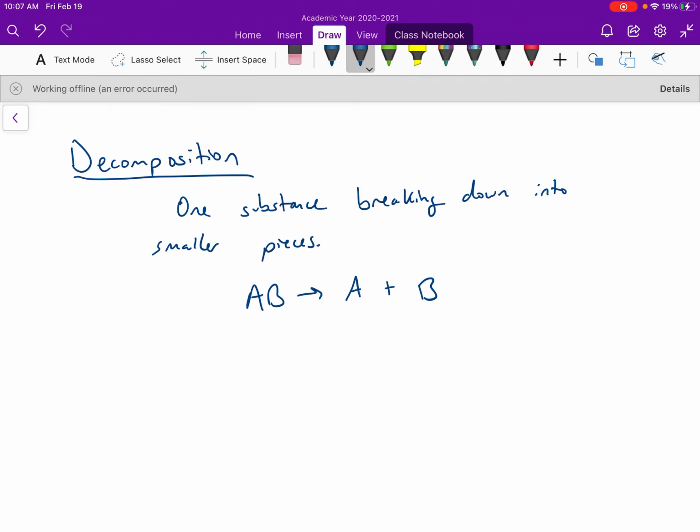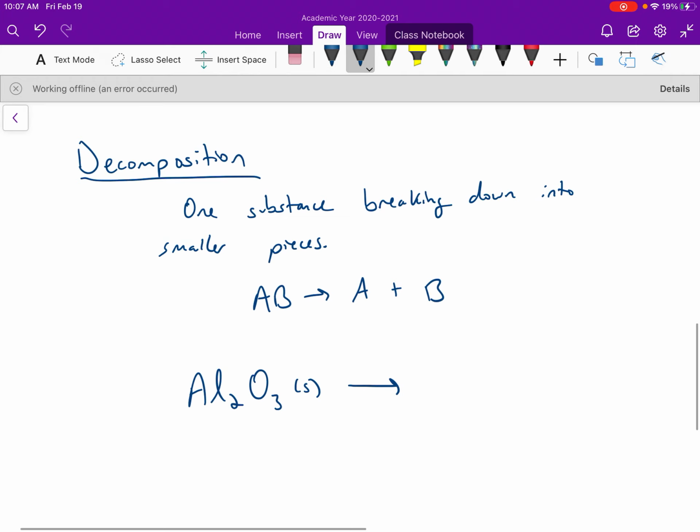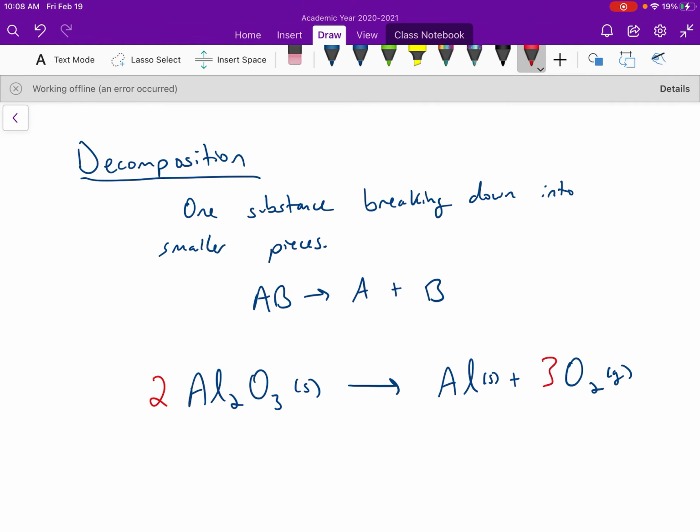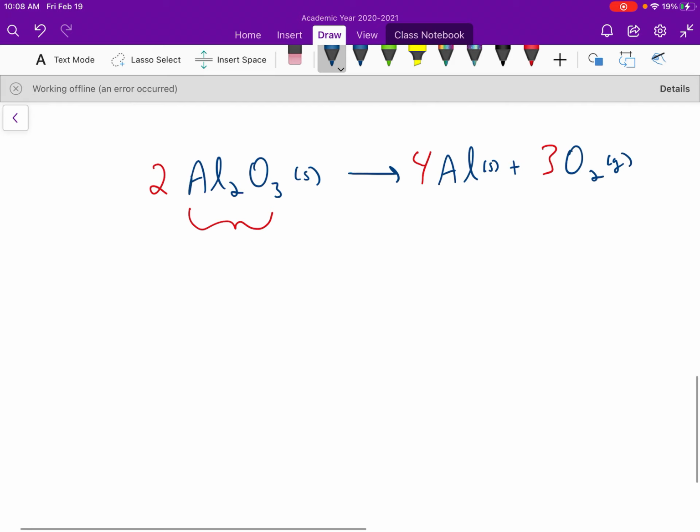And if we're thinking real life, we could give the example of aluminum oxide, which when it's heated, breaks up into its elements, which are aluminum and oxygen. Okay? And then we just have to balance it out. So we'd need 2, 3, 4. So this would be decomposition because it's like one big thing breaking into little pieces. Okay? Last two are similar.